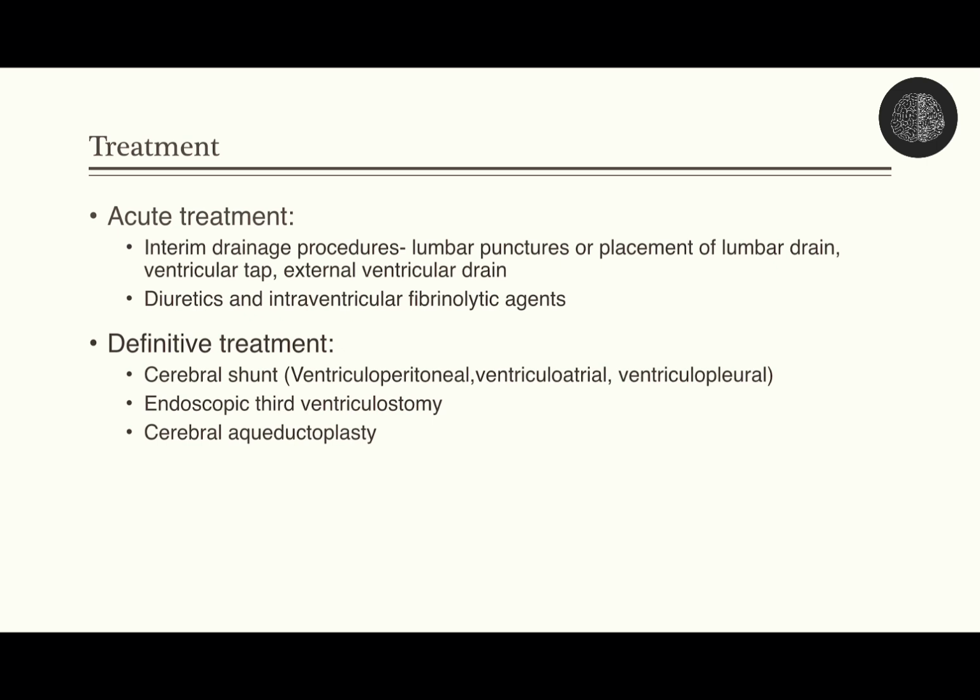There are also some other surgical procedures like endoscopic third ventriculostomy, which is done for obstructive hydrocephalus. Or you can perform cerebral aqueductoplasty, in which if the aqueduct is either stenotic or closed, you can open it to allow the passage of CSF.